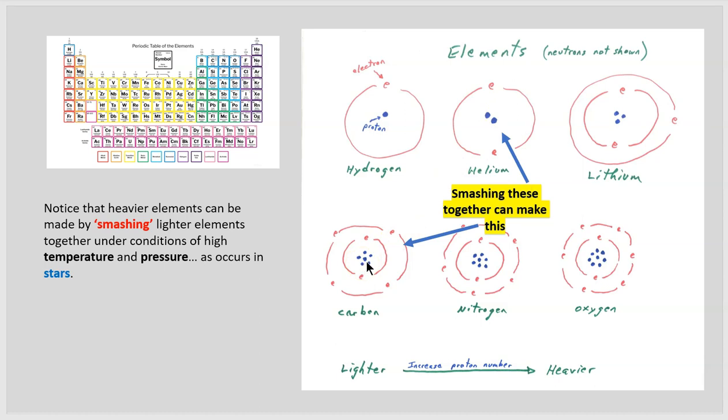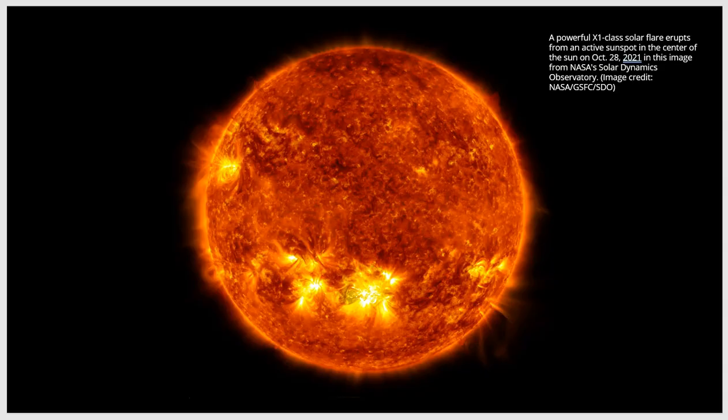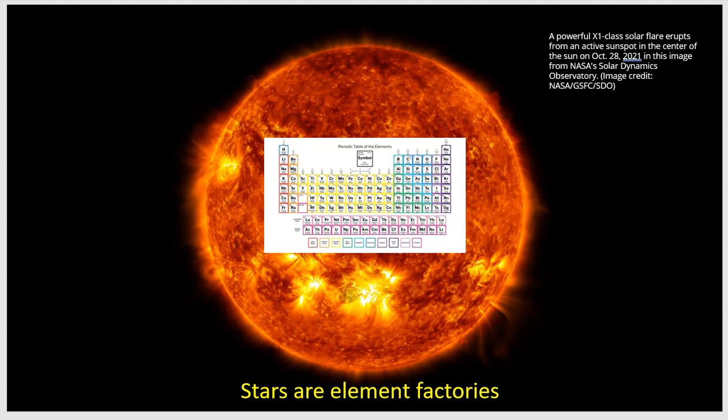Stars are using lighter elements, fusing them together to make heavier elements. Again, when we think about a star, we want to think of these celestial objects as element factories. They are responsible for creating the rest of the elements on the periodic table.